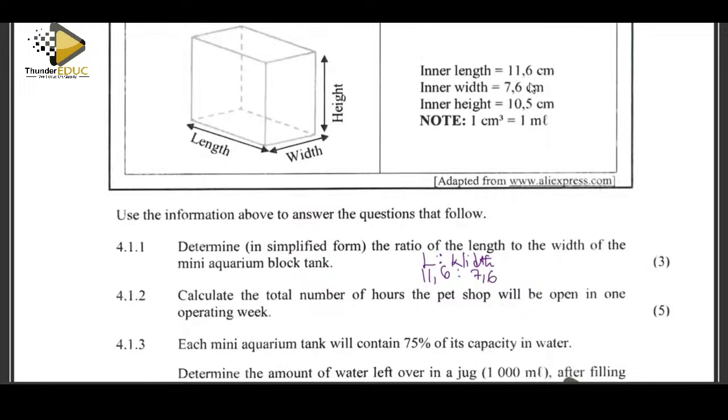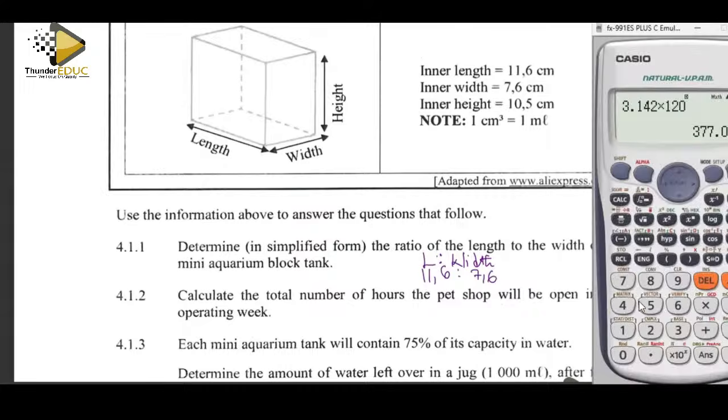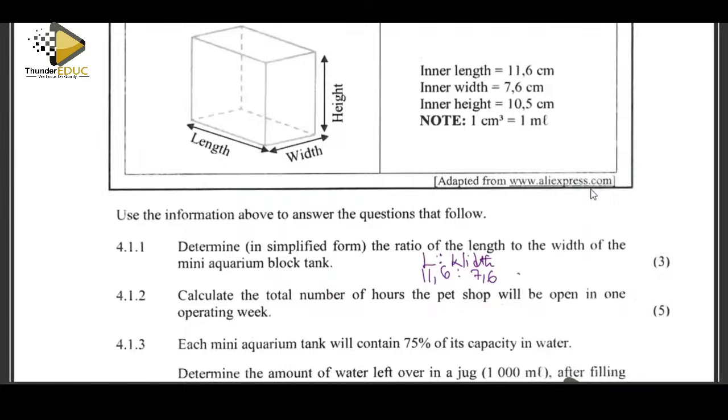You can put this in your calculator: 7,6 divided by 11,6. The answer becomes, and you can write that in simplified form, you can't go any further, 19 is to 29.